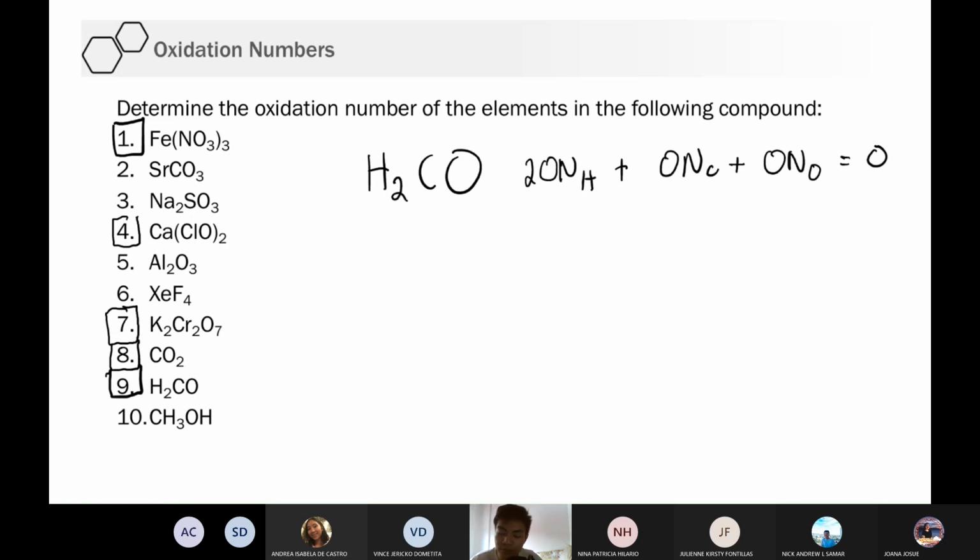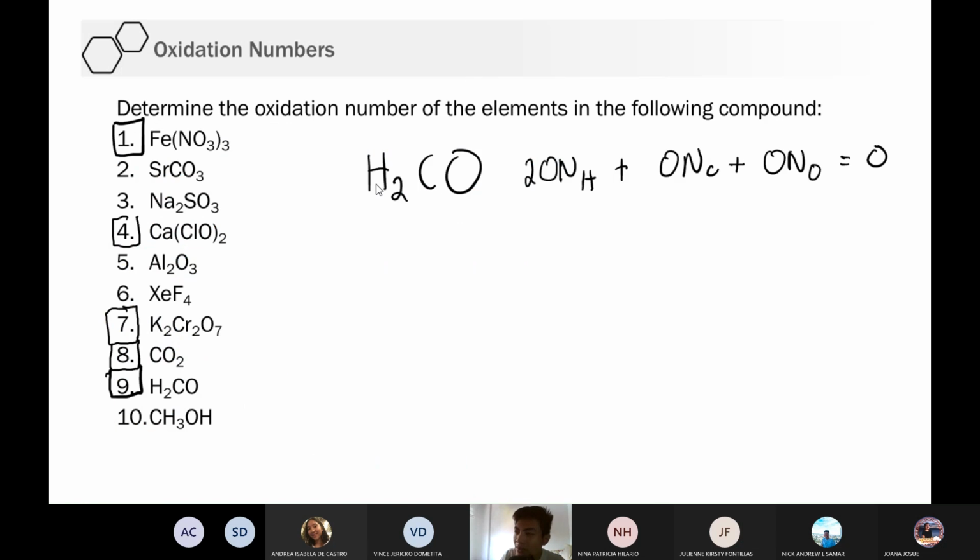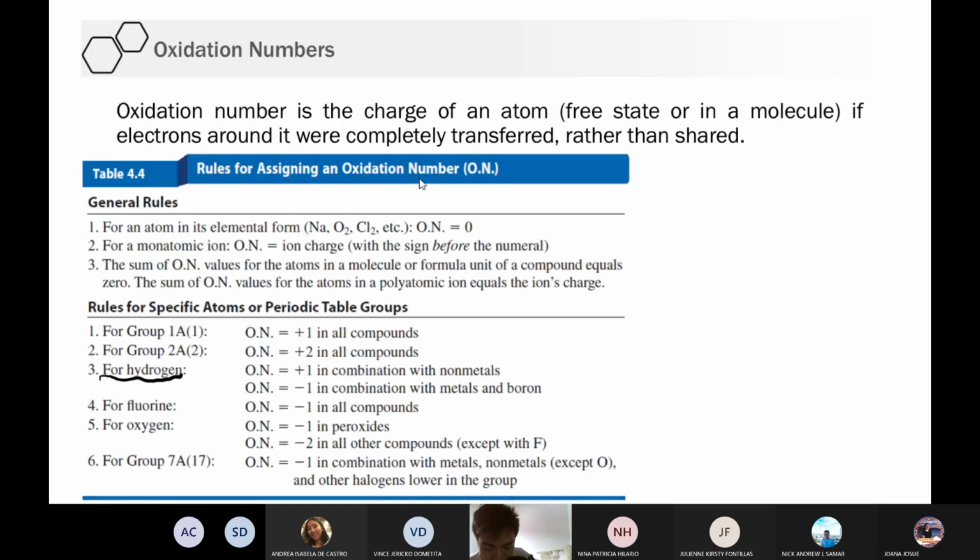Of those, let's look kung sino yung mga nasa table. Tignan natin. Hydrogen: +1 if non-metal ang kasama, -1 kapag metal ang kasama. Tanong, may metal ba dyan? Wala. Ibig sabihin, hydrogen is +1, kasi wala siyang metal na kasama. Sunod, ano pa yung mga nasa table?